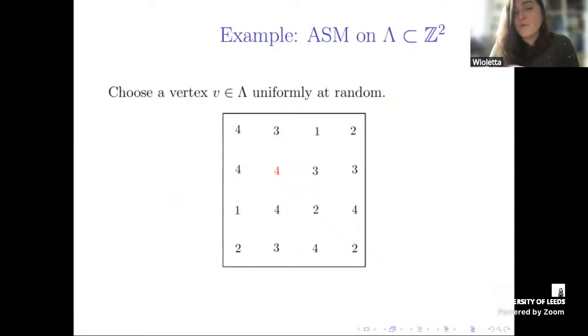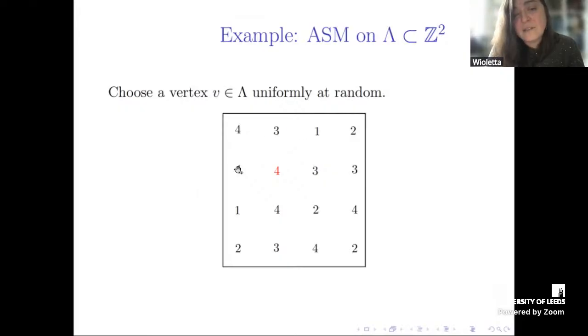Before I start introducing and defining everything, let me give you a very simple example. Let's take a subset lambda of the square lattice, denoted here by the box. To each vertex in the lattice, I assign a natural number from 1 to 4, which represents the number of grains, or sand grains if you wish, on each lattice point.